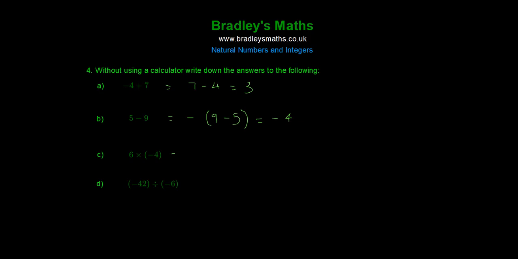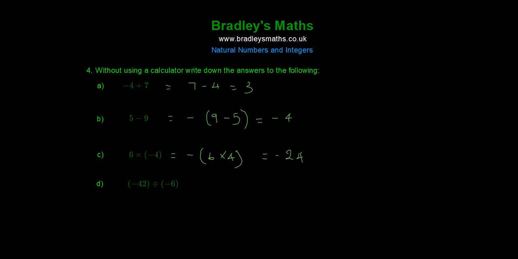6 times -4. A positive number times a negative number always gives a negative result. 6 times 4 is 24. So this is -6 times 4, which equals -24.